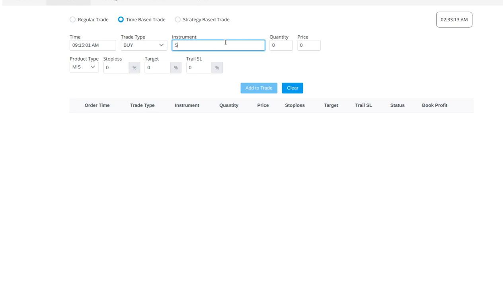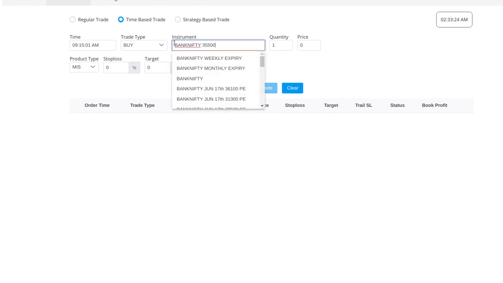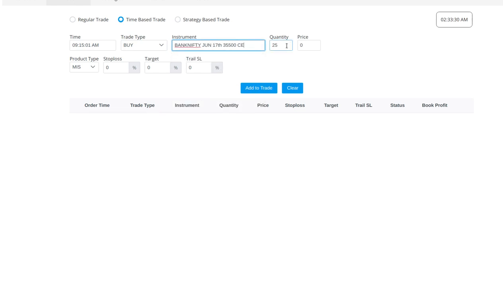For example, if I want to select SBIN, you can just type SBIN, State Bank of India, or if you want to select Bank Nifty 35,500, then you can say for this expiry 35,000 P or C. You can also place orders in Nifty futures, Nifty July or June futures, and then the quantity is selected as 50 because the July futures one lot size is 50 quantity.